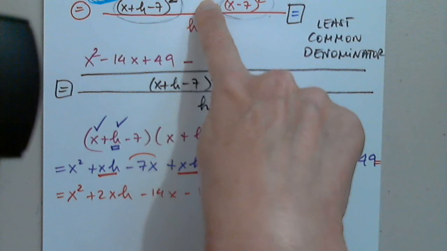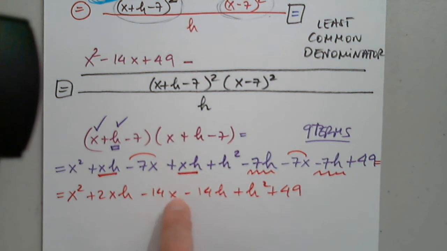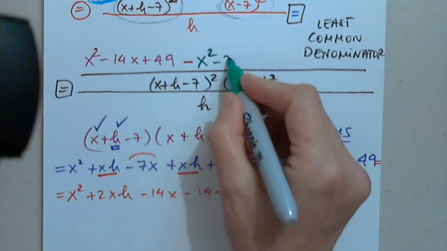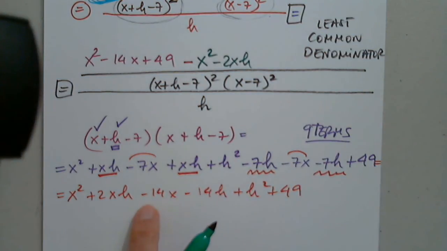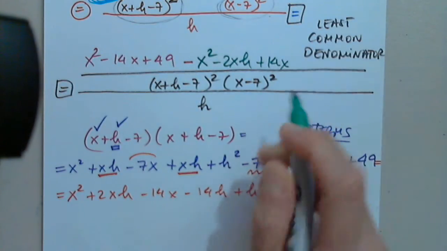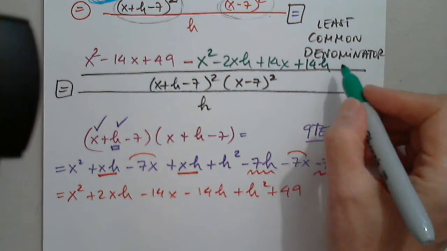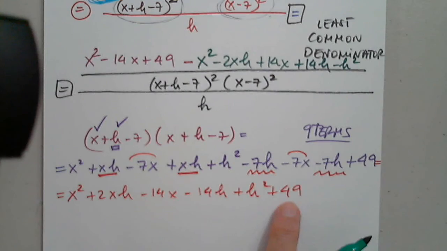But remember, there is a minus in front, which will change every sign to the opposite sign. Okay, I'm going to put it in different colors so you see it. Minus x squared minus 2xh plus 14x plus 14h minus h squared and minus 49.